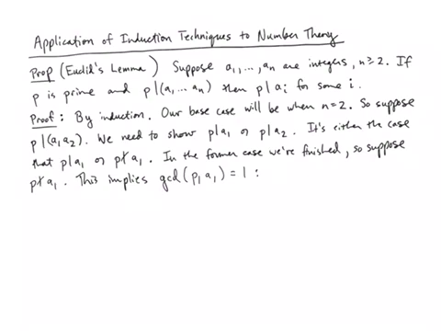And why is that? Well, the GCD has to be a common divisor of p and a1.